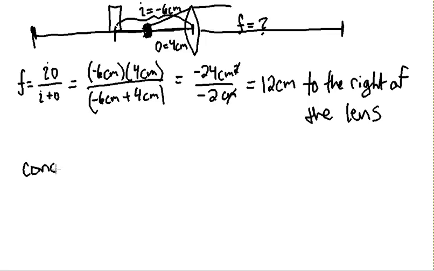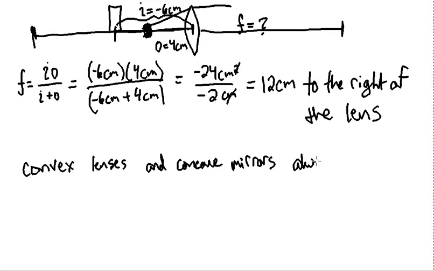For convex lenses and concave mirrors, always have positive focal lengths.